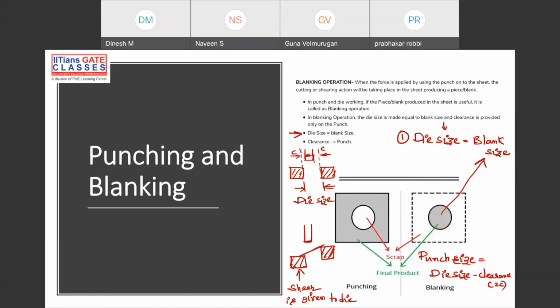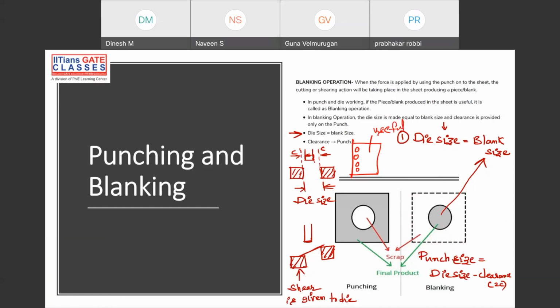If you want to understand this clearly, I'll give you an example. General punching that we do on paper is punching only. Why? Because you have an A4 sheet like this, and you punch holes in it, and you use this sheet. You won't discard this. This paper is useful.